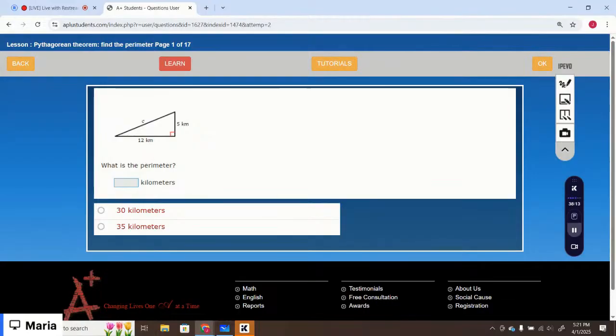The perimeter is when you need to add all the side lengths.